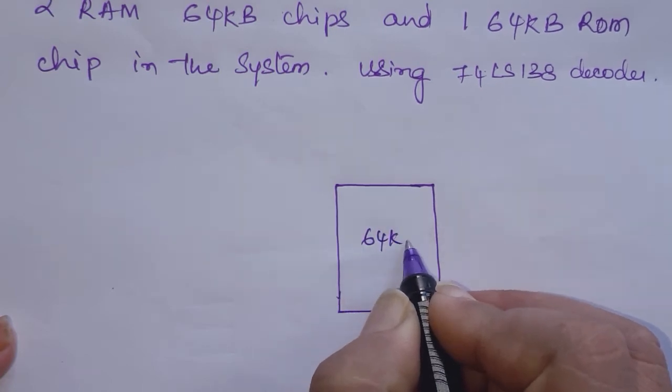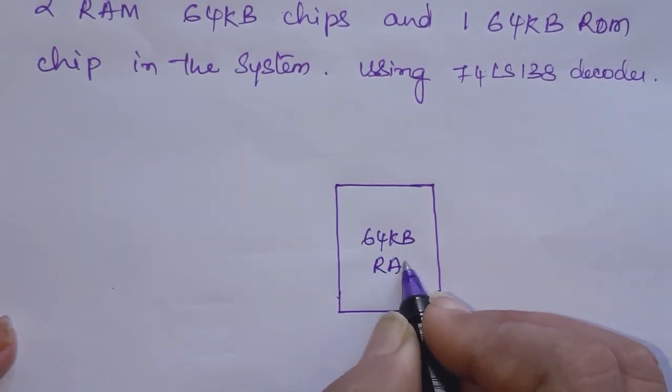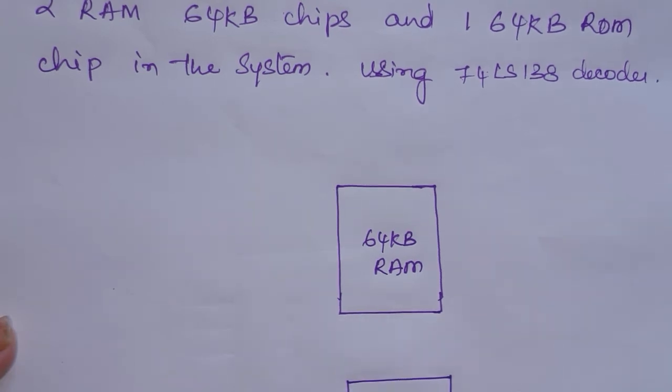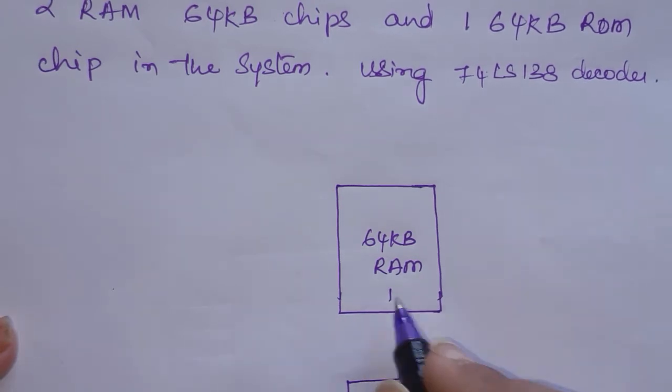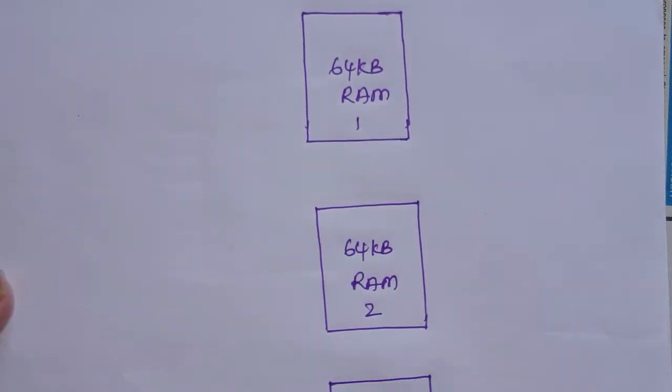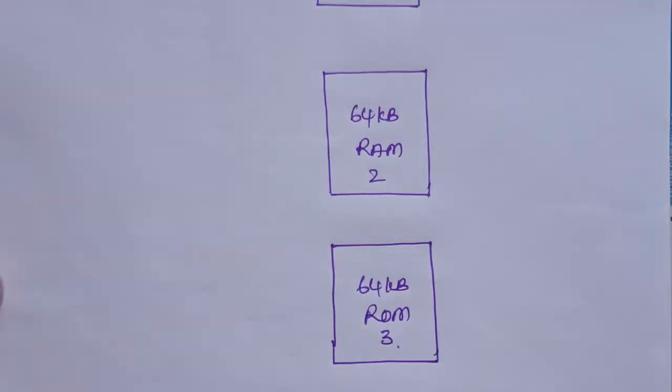Two 64 KB RAM chips, take two 64 KB RAM chips, this is 1 and 2, and one 64 KB ROM chip.